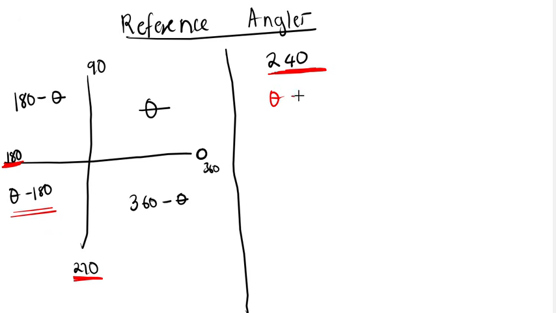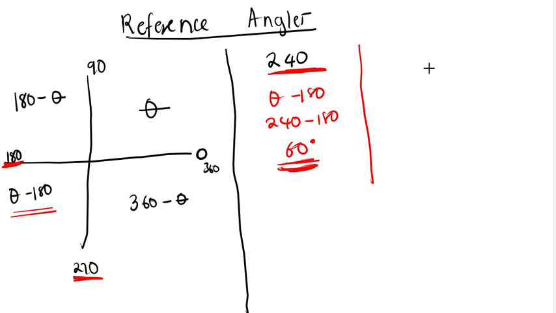It is theta minus 180, so it will be 240 minus 180. Then the answer will be 60. You have seen how you calculate. So this angle that I've found here is what we call the reference angle.